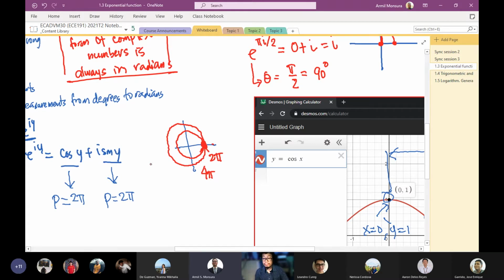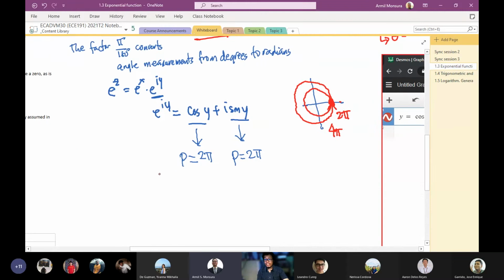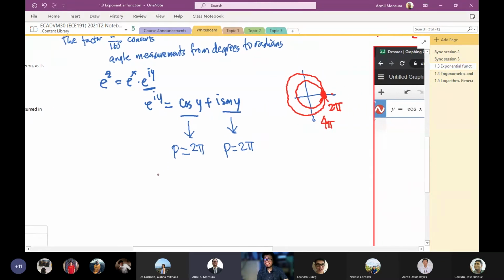So from there, we interpret that cosine and sine functions are periodic, with a periodicity of 2 pi. So that means that yung cosine of y plus I sine of y, this might be puzzling to you kasi ang diniscuss ko lang ay cosine at sine.